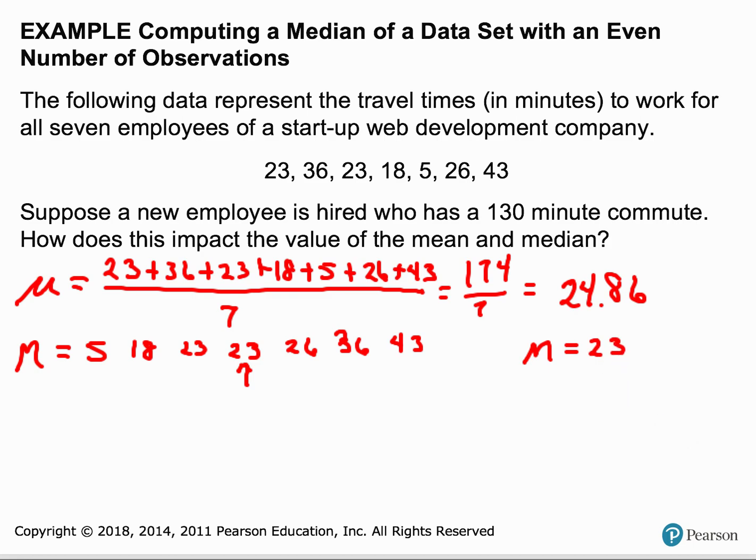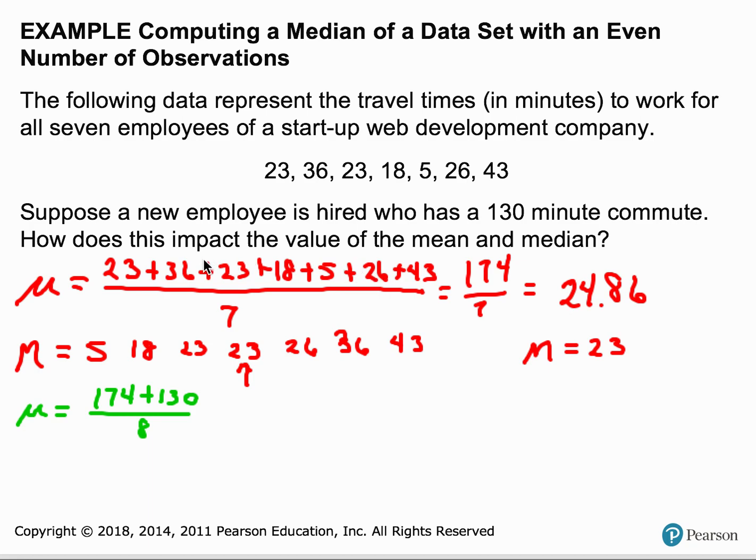Okay, now it has asked us to add a new employee who has a 130-minute commute. So our mean is going to change to this, right? Does that make sense?